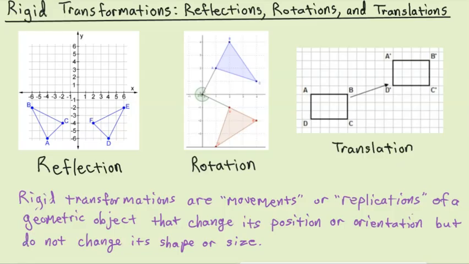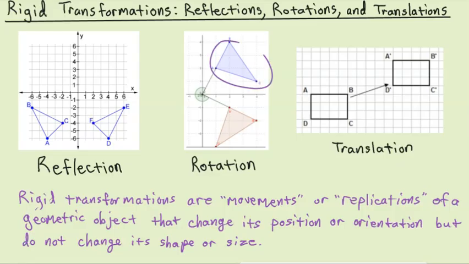It also may change its orientation. So the longer part of this triangle is sort of facing up and to the left, but now over here, it's sort of facing up and to the right, okay? So it changed its orientation. Orientation basically means the direction it's pointing.